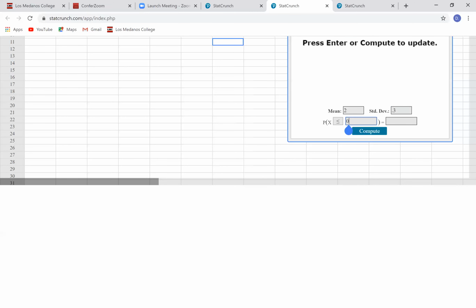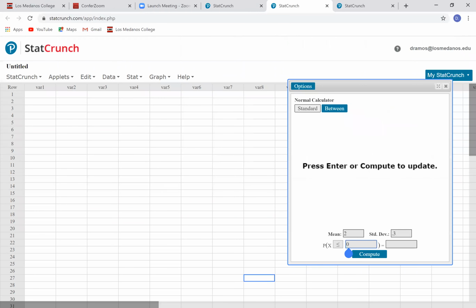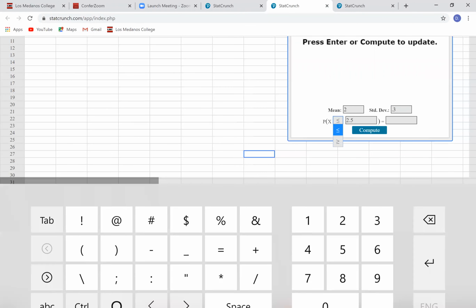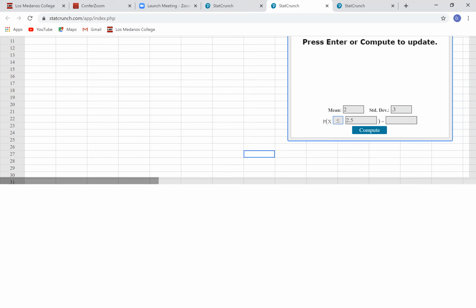We're looking for the probability that it's jumbo. I think the jumbo egg was 2.5. Yes, 2.5. And we want it to be more than, so the value x has to be greater than 2.5.